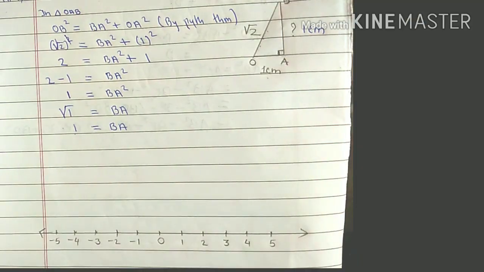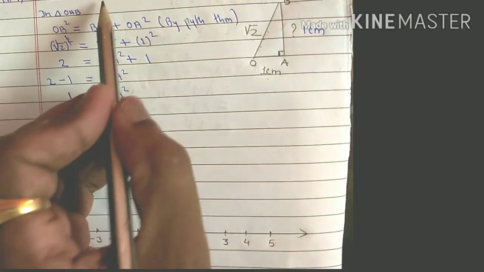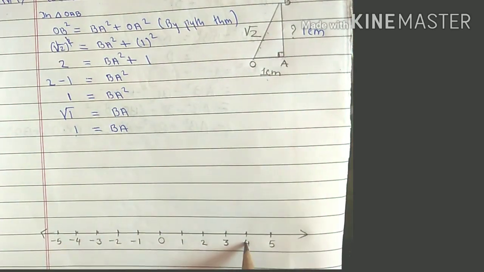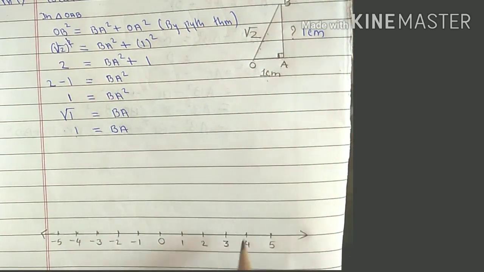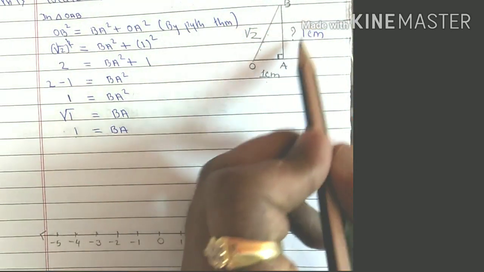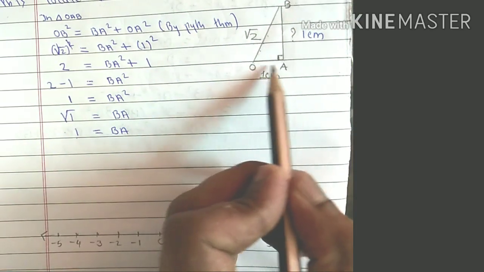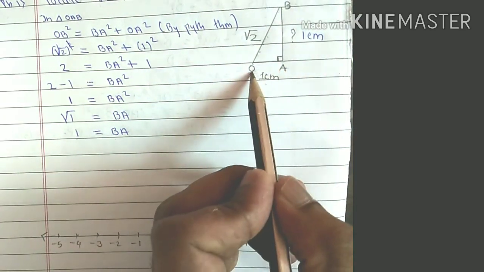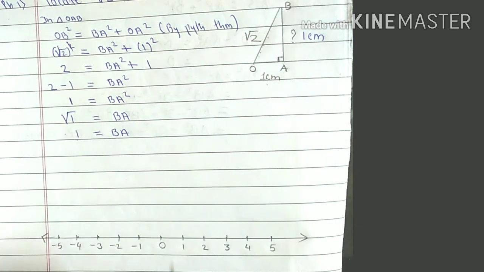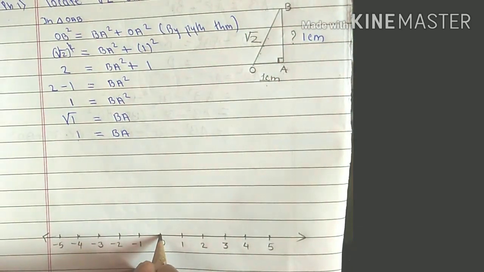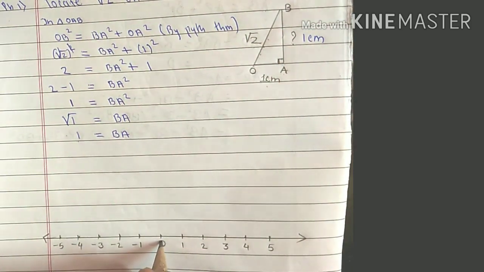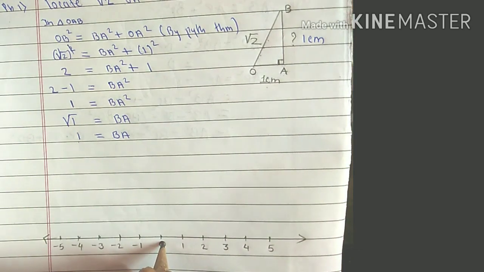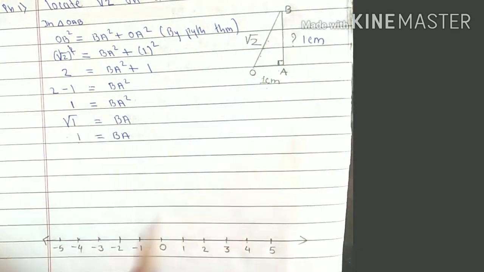Now students, let us locate root 2 on a number line. In order to locate it, we have to take help of this triangle. I know that the base of the triangle is 1 centimeter, that is from O to A. So let me take this point as O, which is marked as 0. From O to A it is 1.